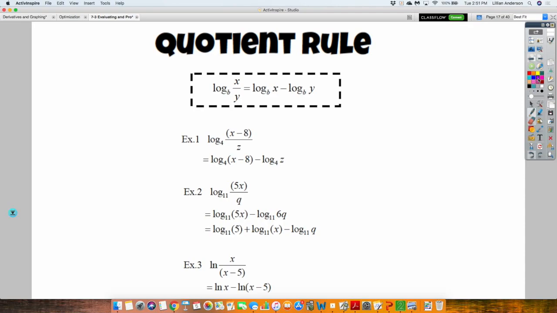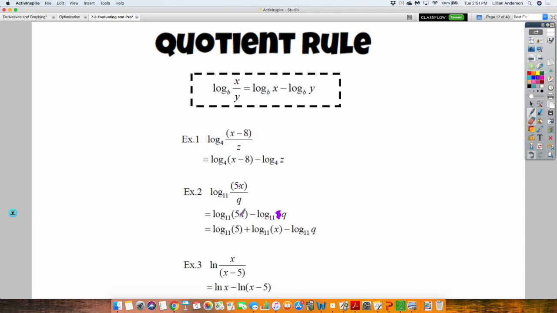The next one actually combines multiplication and quotient rule together. Does everybody see that? It is 5 times x divided by q. So you can expand the division and turn it into subtraction by saying log base 11 of 5x minus log base 11 of q.